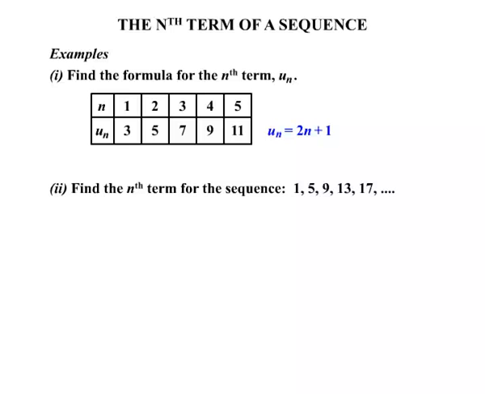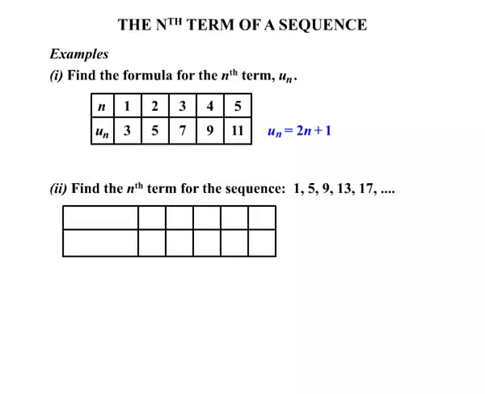Our second example. We're asked to find the nth term for the sequence. Okay, the sequence is 1, 5, 9, 13, 17, etc. Now what we'll do is we'll change that sequence into a table where we have the position n and the actual term which we denote un.